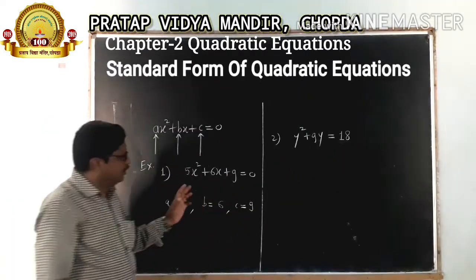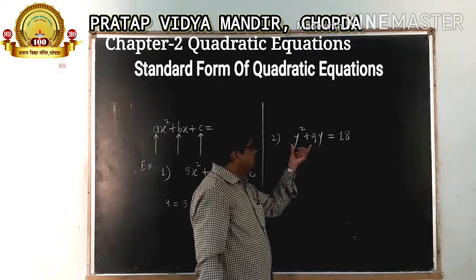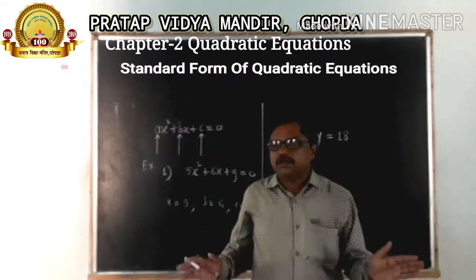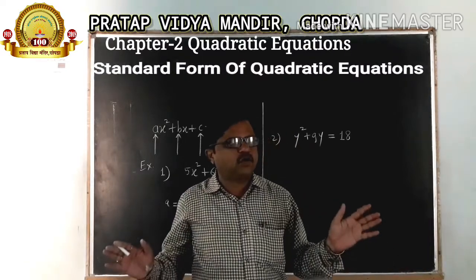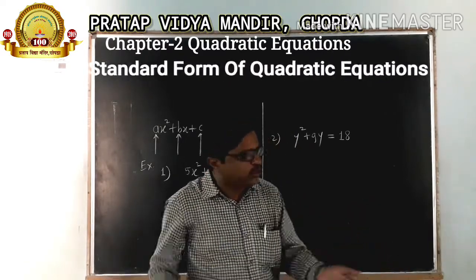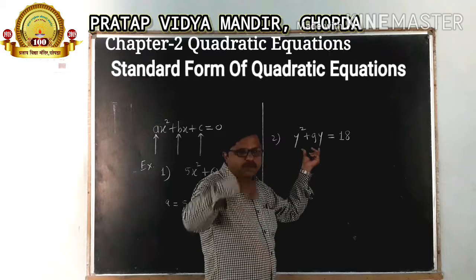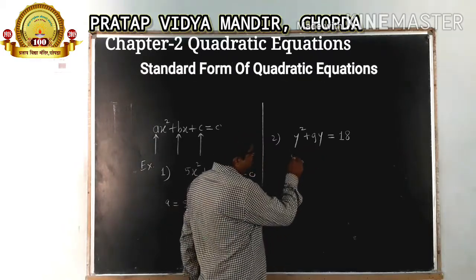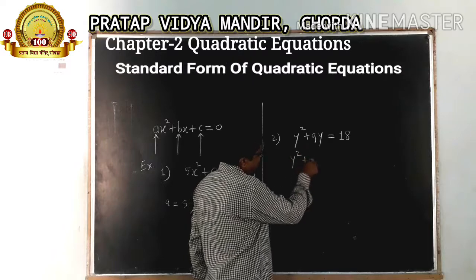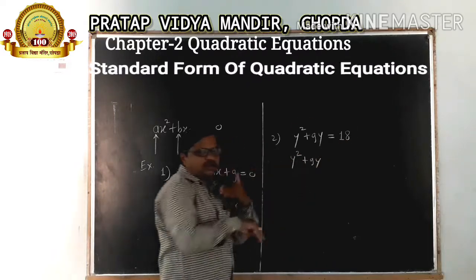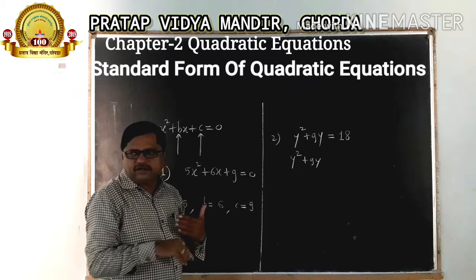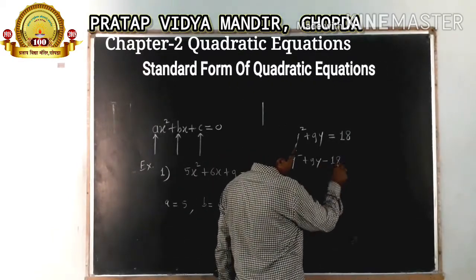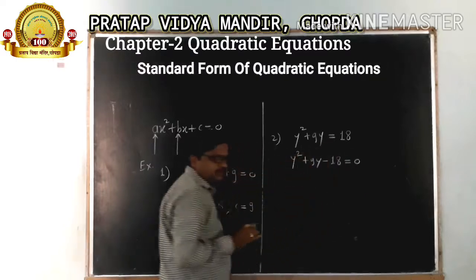You can see this equation is not written in the standard form of a quadratic equation. So to write this equation in the standard form, how can we write? y square plus 9y, bring this 18 to the other side. That 18 will become minus 18, equal to 0.